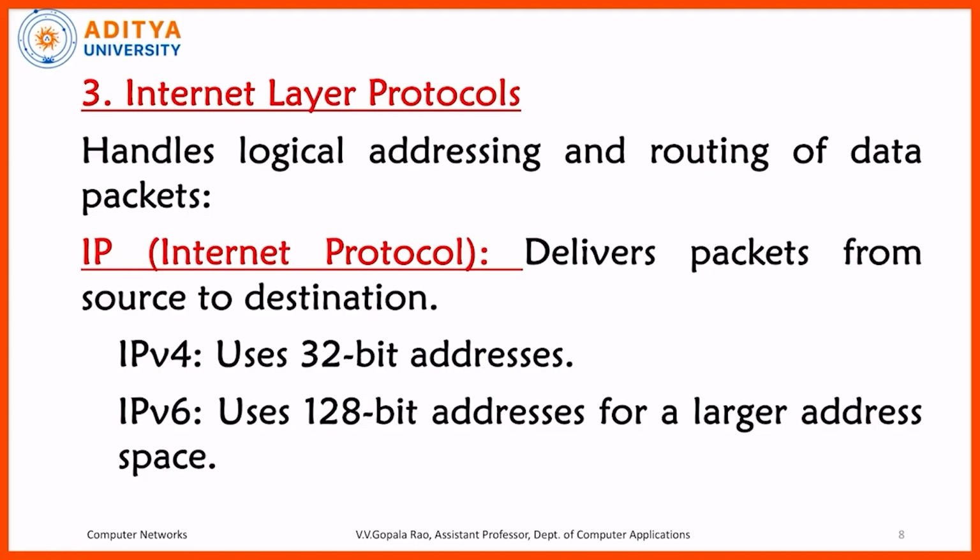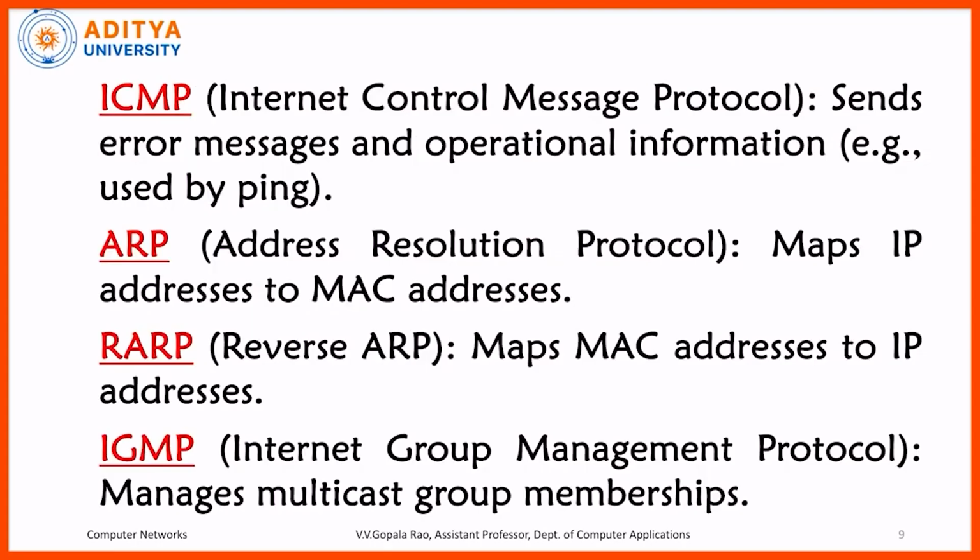In IP version 4, only 32 bits are meant for an address, whereas in IP version 6 it is 128. That means four times the IP version 4 addressing pattern is designated. So remember that IP is the delivering of packets from source to destination by using proper addressing.